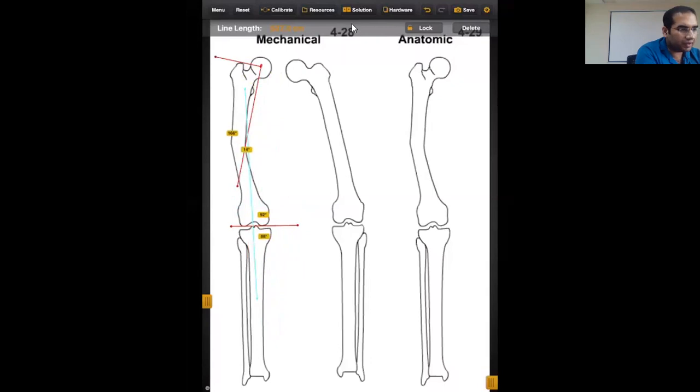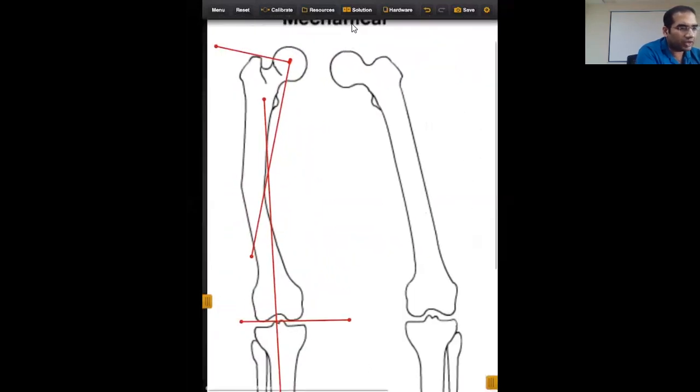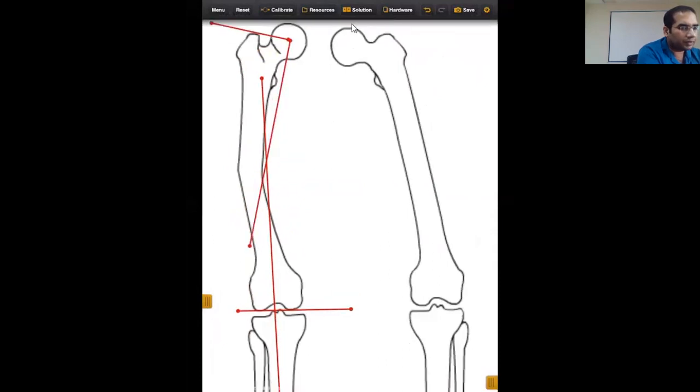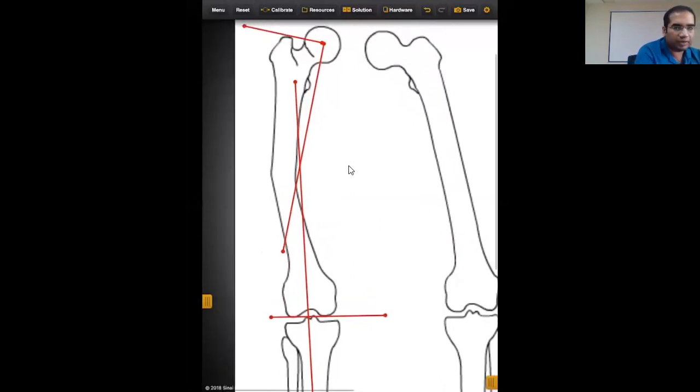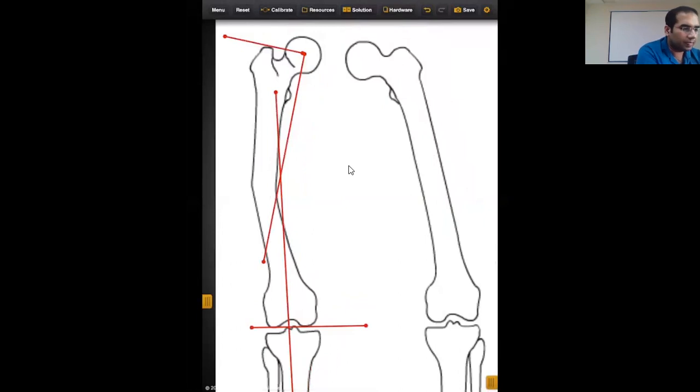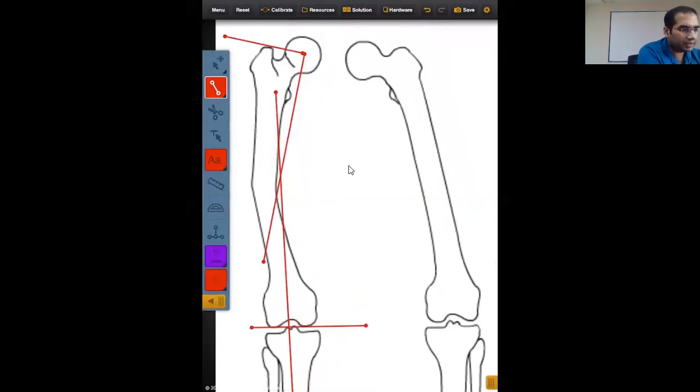This will give us the location of our deformity. Okay. Now, this has given us the location of our deformity. Now, what is going to happen? We're going to draw an angulation correction axis by bisecting this line.